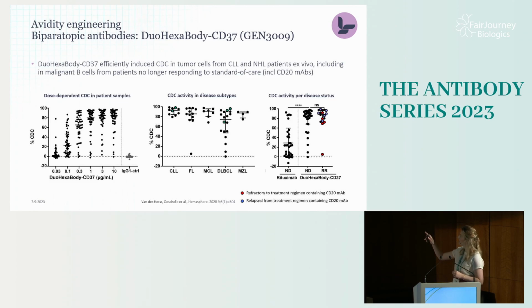So the right figure shows on the left the efficacy of rituximab in inducing complement. And then on the right, you see the newly diagnosed versus the relapsed refractory patients in the context of the dual hexabody CD37, and it's really consistently showing activity. So based on this data set, we decided to move this antibody to phase 1 clinical trials.